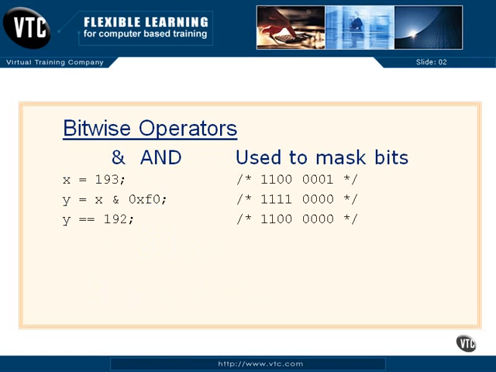So there, let's say we have x has a value of 193. This is 193 in binary. So this means that these bits are set, 128 and 64, and a 1 down here gives us a value of 193 in binary. We're going to have a new variable called y, set to x ANDed with a hexadecimal value 0xF0.